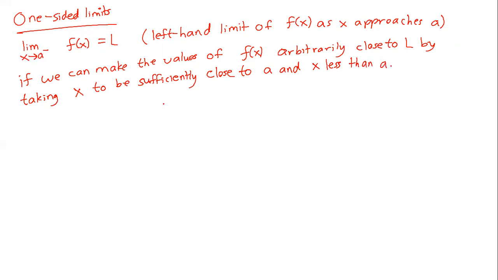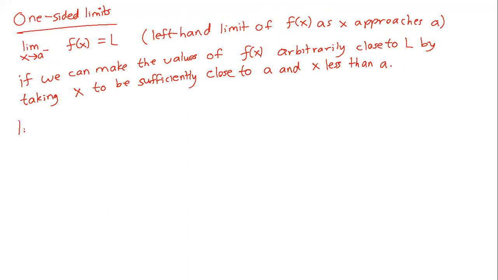And you can do the other way, on the right-hand side. Then you would write the limit as x goes to a plus of f of x is L, meaning the right-hand limit of f of x as x approaches a, or the limit of f of x as x approaches a from the right. This holds if we can make the values of f of x arbitrarily close to L by taking x to be sufficiently close to a and x greater than a.